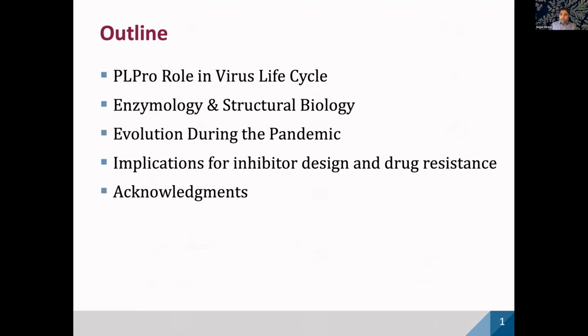Of course, it won't be an exhaustive overview because of time considerations. And then I'll tell you a little bit about how this protein and other SARS-CoV-2 proteins have evolved, as an overview, and how things have changed and what the implications are for inhibitor design, drug design, and drug resistance, and so on.